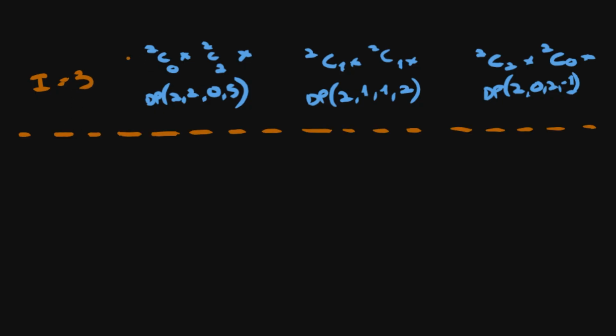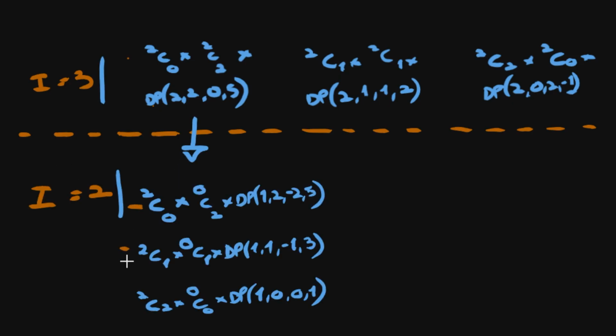Now we need to combine each of these with each scenario where I equals 2. So for example, here we have 3 possible scenarios. This, and this. So for example, here we are trying to get 2 in 0. This 0 comes from here. And this is 0, and if this is 0, all of this is 0. Here we are trying to get 1 in 0, which is also 0, so this is also 0.